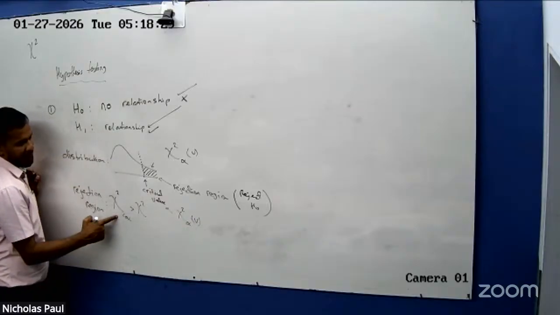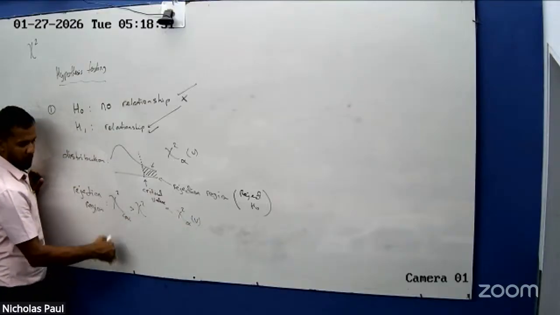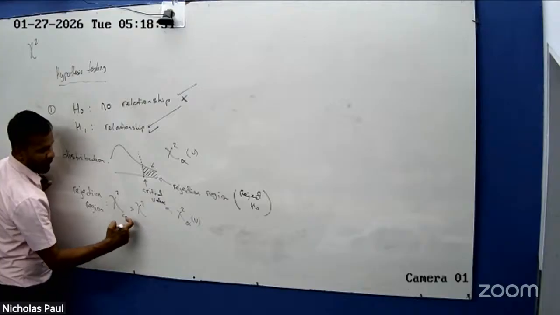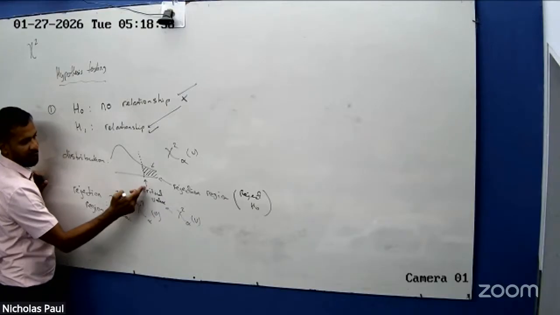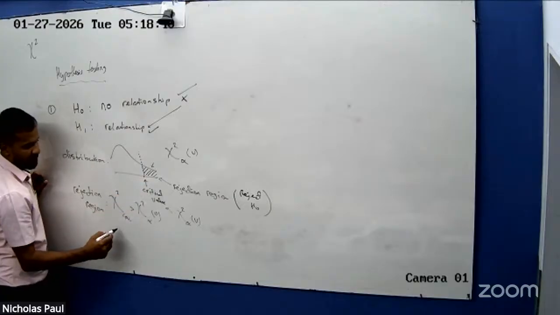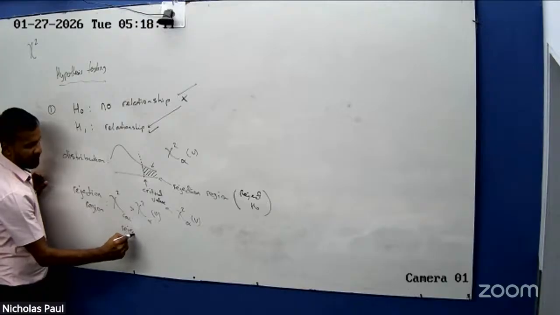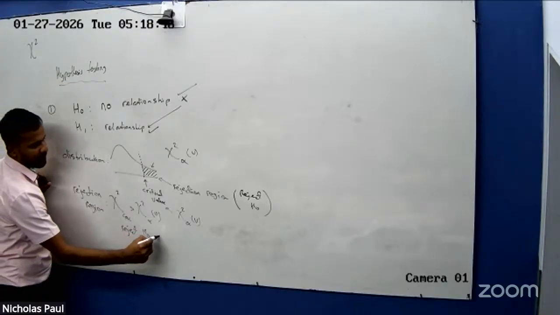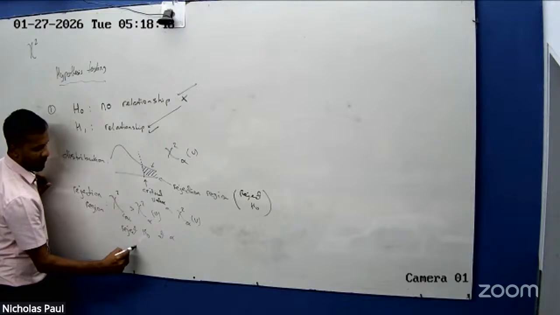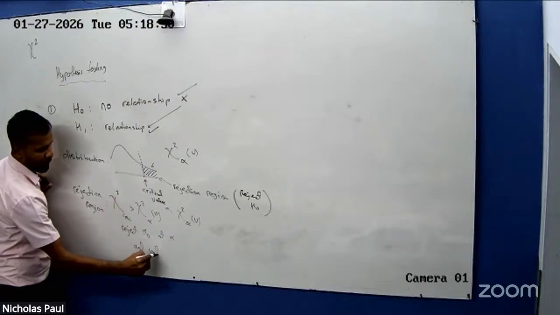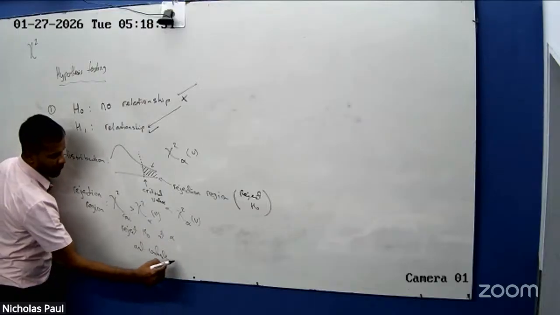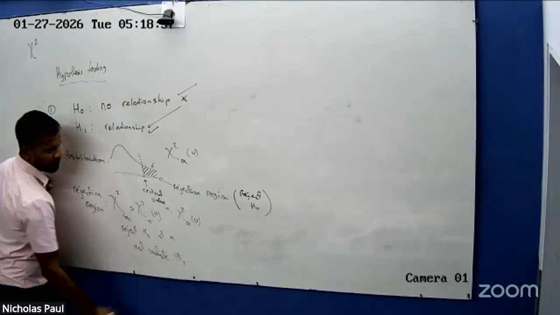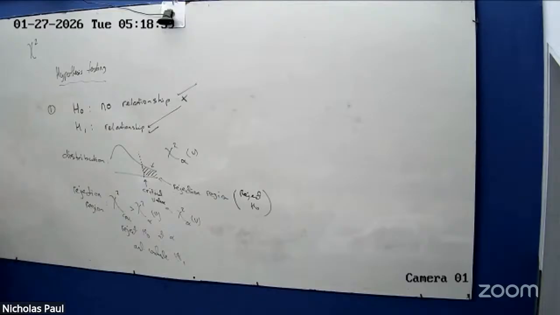So if a calculated value, which is what we have the formula to work out, if that calculated value turns out to be more than the value from the table, then we reject H naught at whatever level and conclude that H1 is true, right? Are you okay with that?